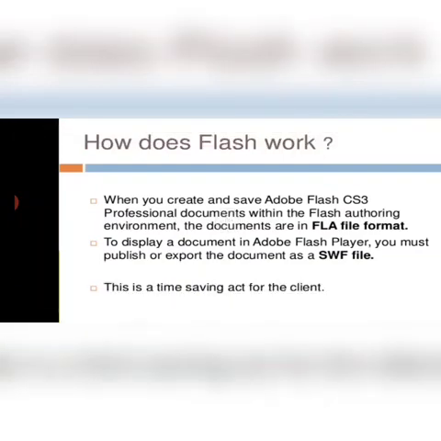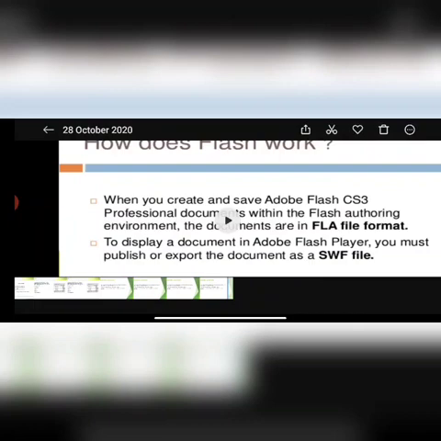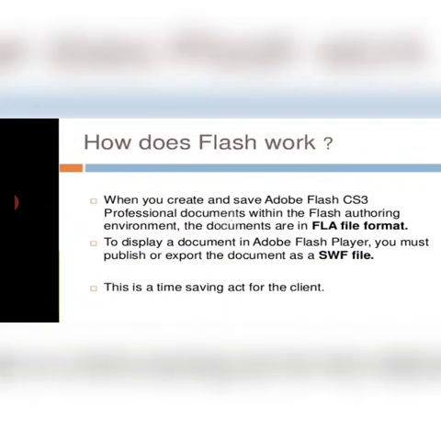Here I will explain how to open Flash. You have to click the start button, select All Programs and then select Adobe Flash CS3 Professional, and you will get the opening screen.